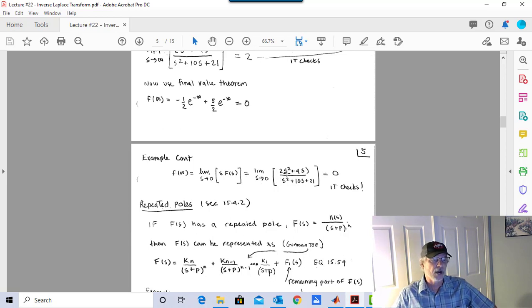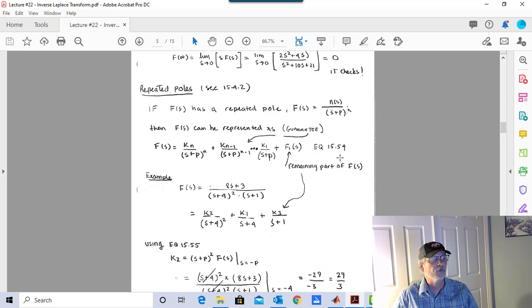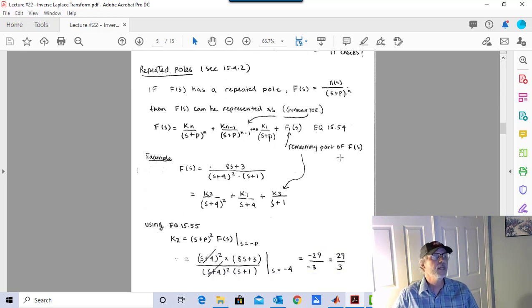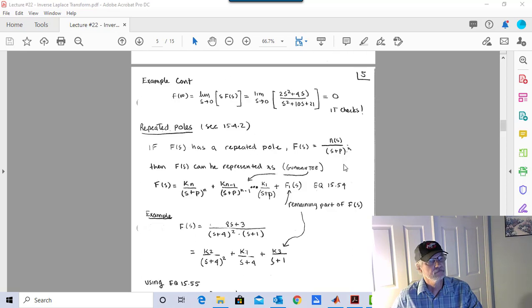So here's our s F of s, and we will substitute in 0, 0, 0. So I got 0 on the top, and I got something on the bottom. 0 over something gives you 0. So the initial value and the final value both agreed with our inverse Laplace transform, so I'm feeling pretty good about our solution.